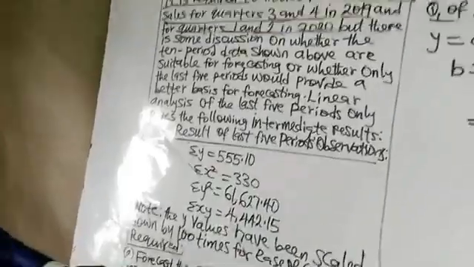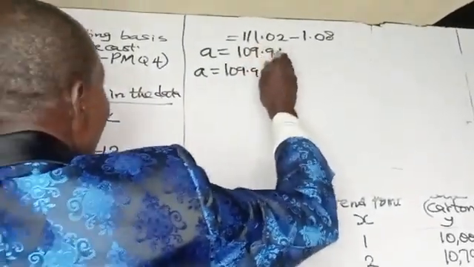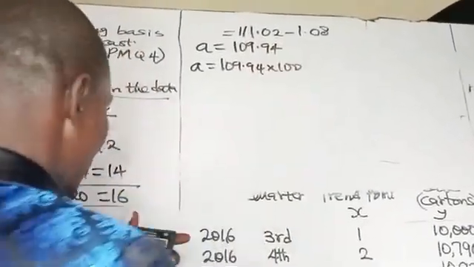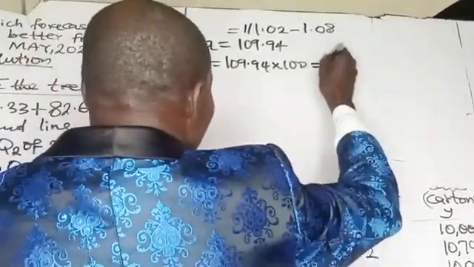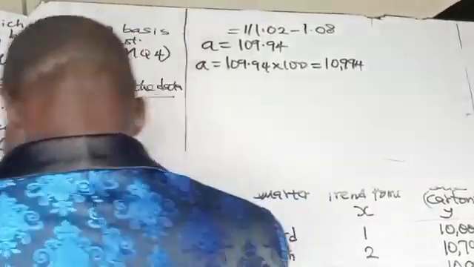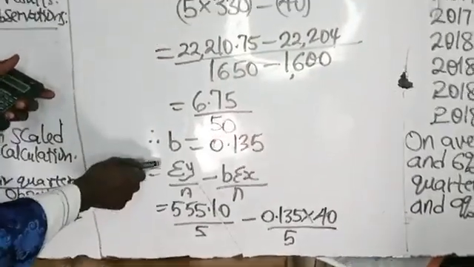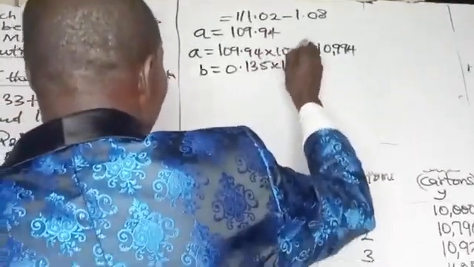Since the value of Y has been scaled down by 100, the correct value of A will be 109.94 times 100, which gives us 10,994. Then the value of B, which is 0.135, you also multiply by 100.